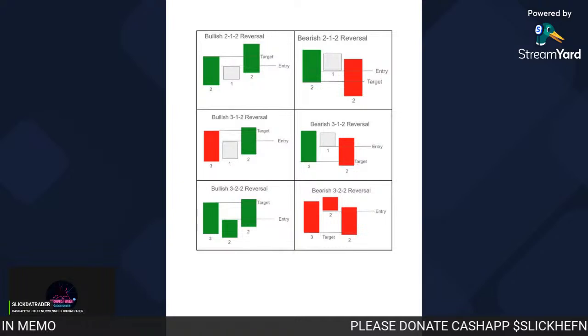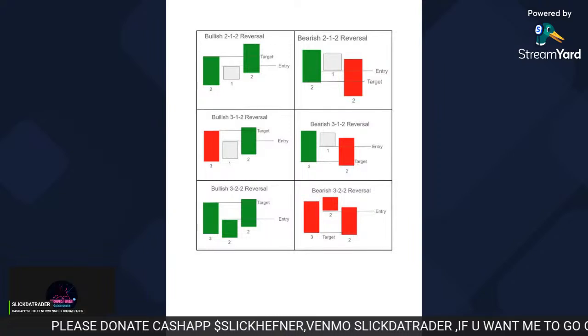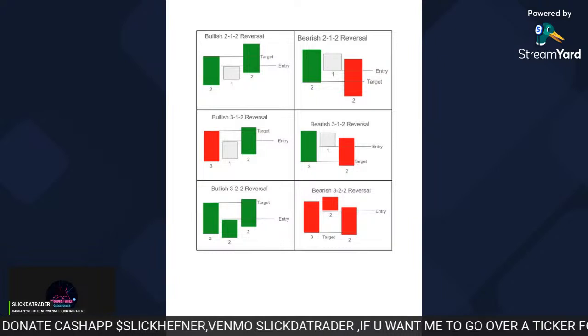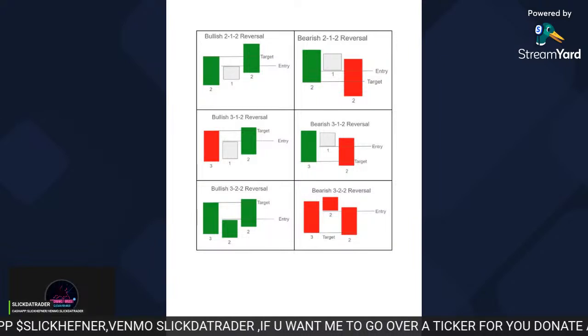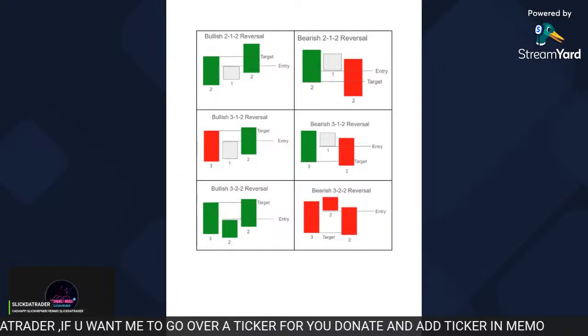One second. We'll use this. All right, cool. Anyway, so 2s are directional candles.